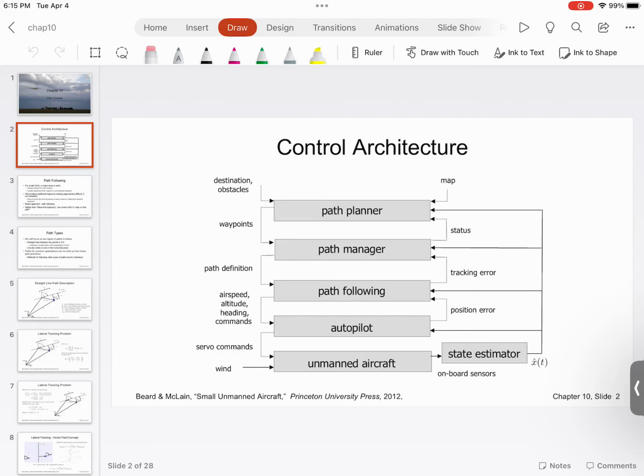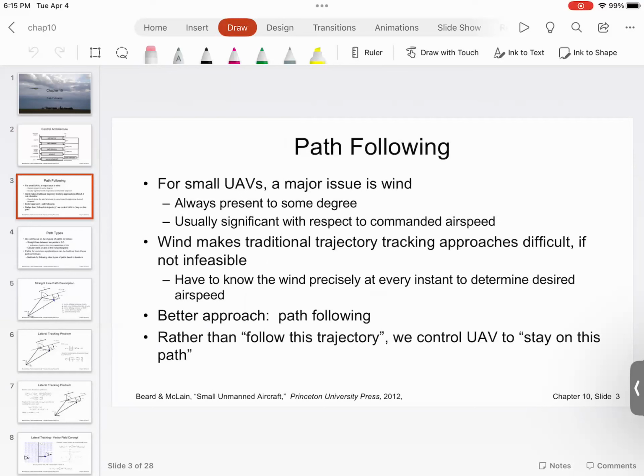Now, the simplest way for path following is something like this. I want to go from point A to point B. Now, UAV doesn't understand going from point A to point B. Robots on their own do not have the perception.